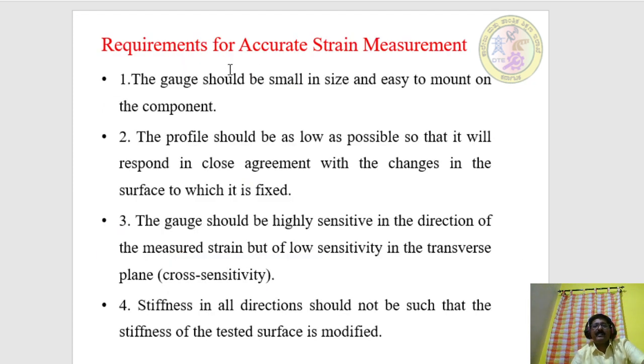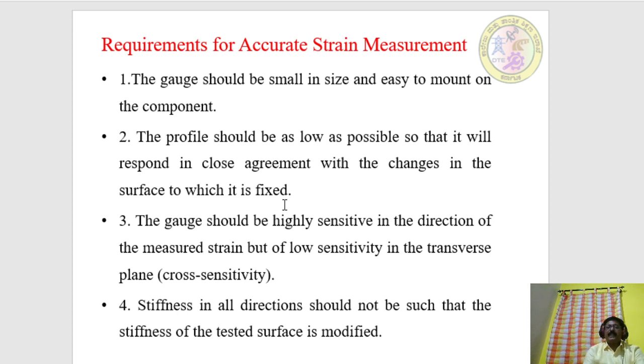Certain requirements for accurate strain measurement. First, the gauge should be small in size and easy to mount on the component. Second, the profile should be as low as possible, so that it will respond in close agreement with the change in the surface to which it is fixed.